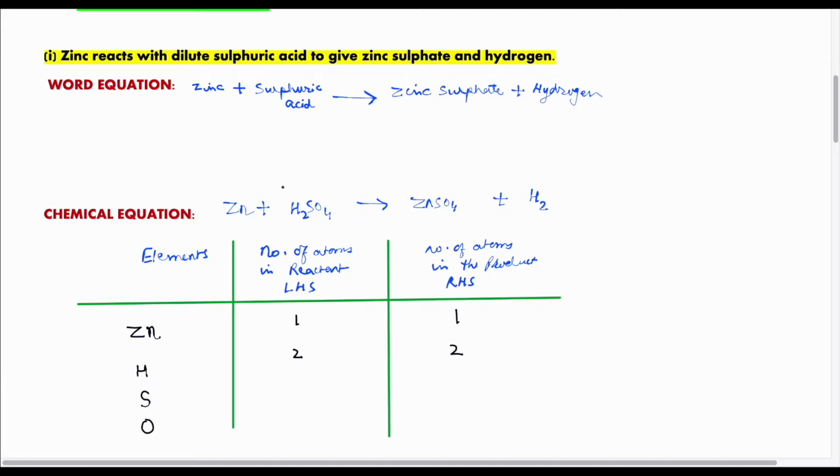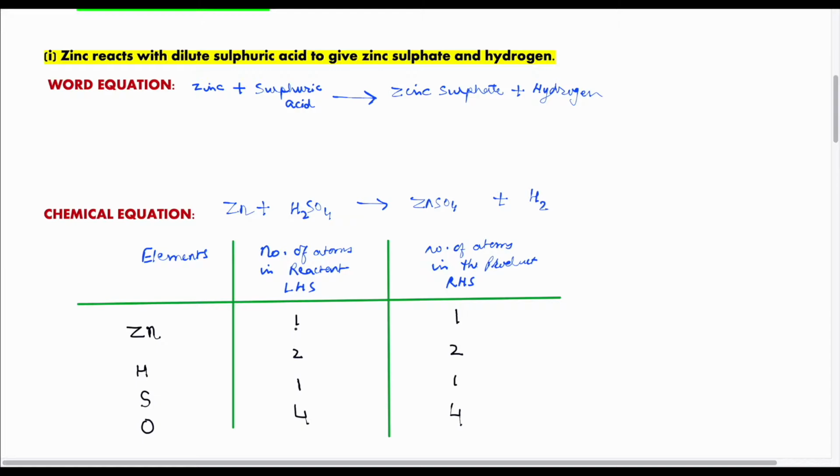Sulfur has subscript 1 and coefficient 1, so 1 times 1 is 1. So we have 1 sulfur atom, and again on the product side we have 1 sulfur atom. Now let us see how many oxygen atoms we have. On the reactant side we have 4 times 1, that is 4 oxygen atoms, and on the product side we have 4 times 1 again, so it is 4 oxygen atoms.